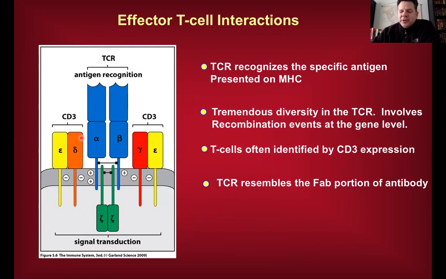Many of you probably know that you can look at pan T cell markers as CD3. And when this interaction occurs, there's actually intercellular signaling that occurs as well. There's a lot of diversity in the T cell receptor, and it involves recombination at the gene level.